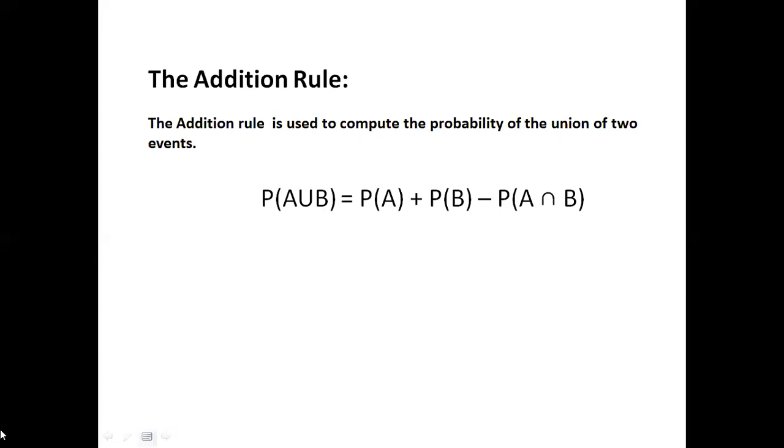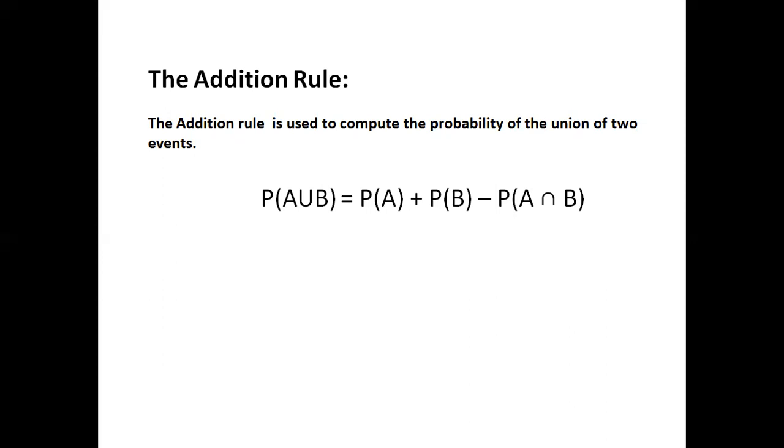The probability of the union of A and B is equal to the probability of A plus the probability of B minus the probability of the intersection of A and B. Then you have the probability of A union B. Clear?